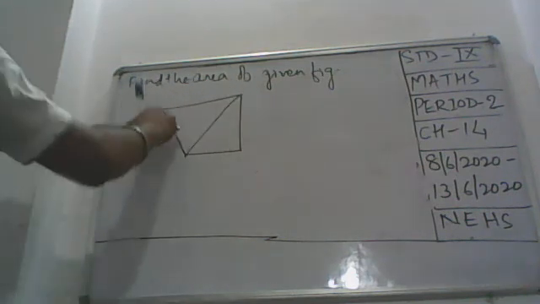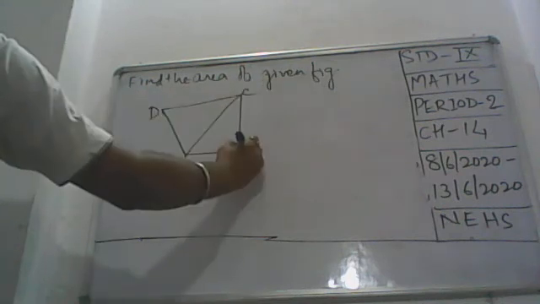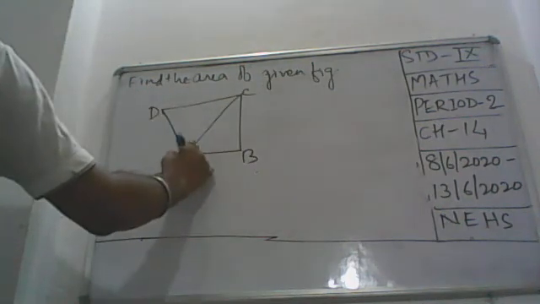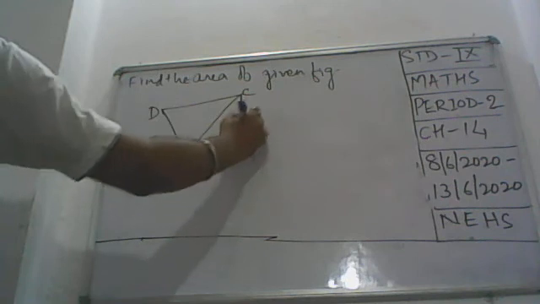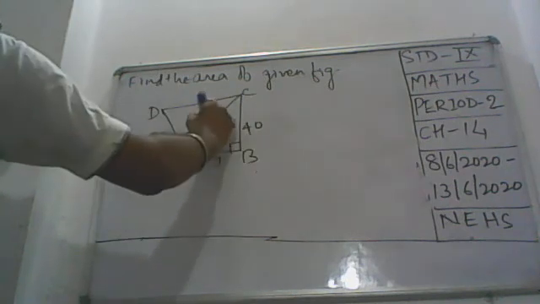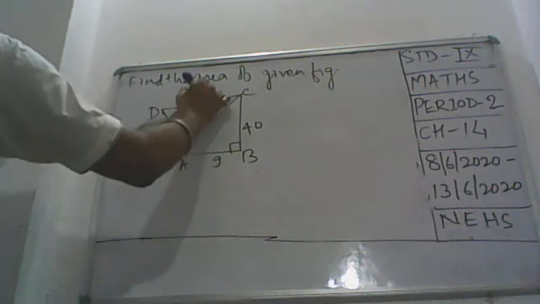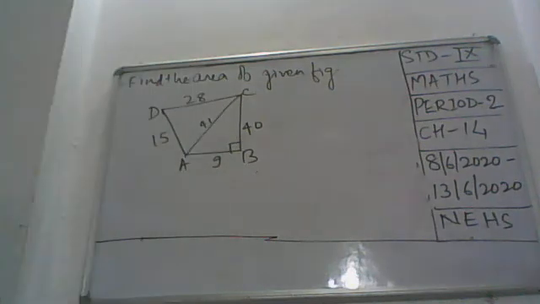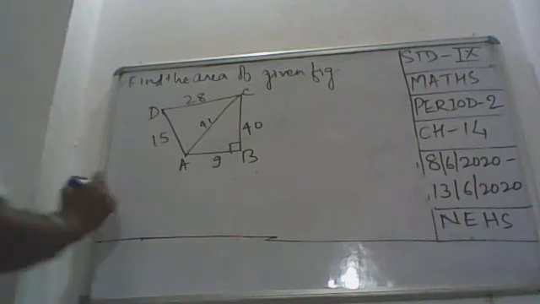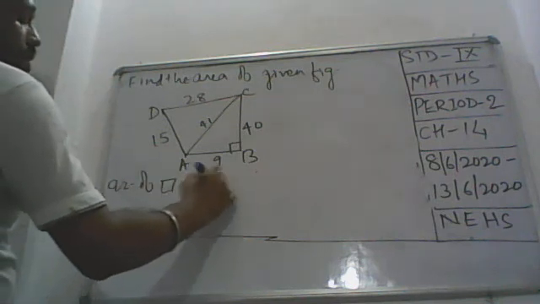Okay, and figure will be like this. Yes, it's a quadrilateral. Here it is D, here is C, that is B, this is A, this is 9, this is 90 degree, this one is 40, okay, this one is 41, this one is 15 and this one is 28. Okay, so area of this quadrilateral is, what type of shape is there?